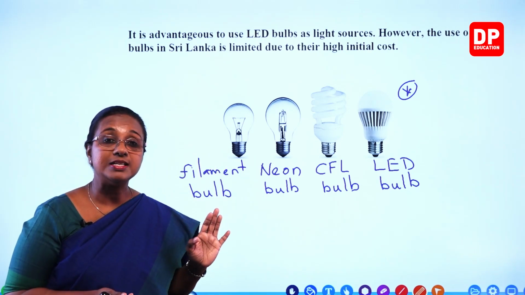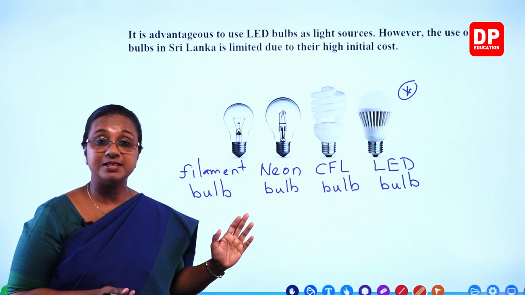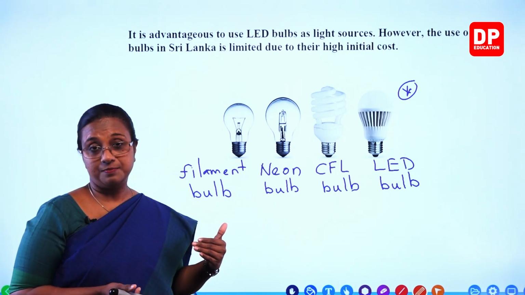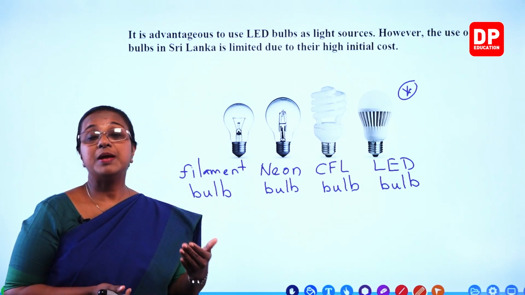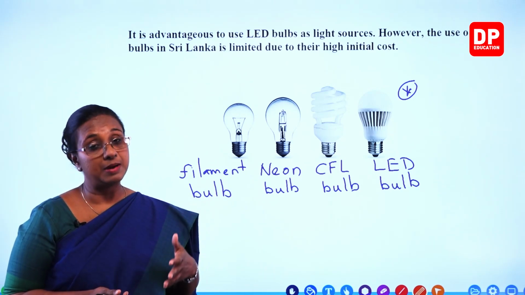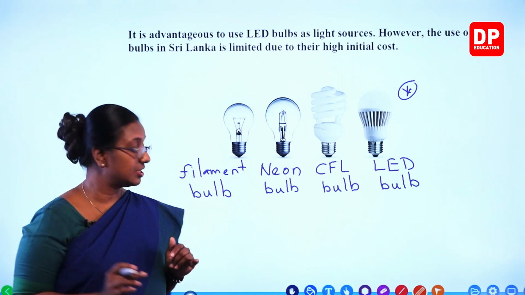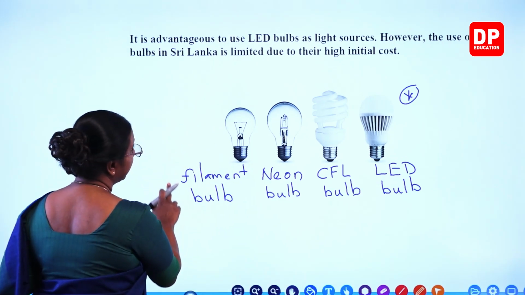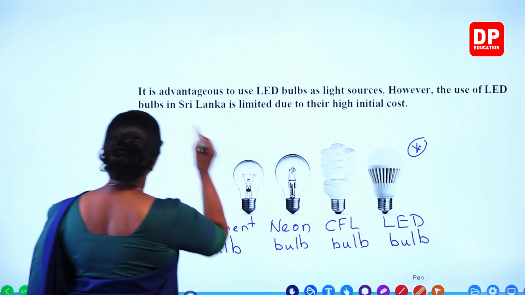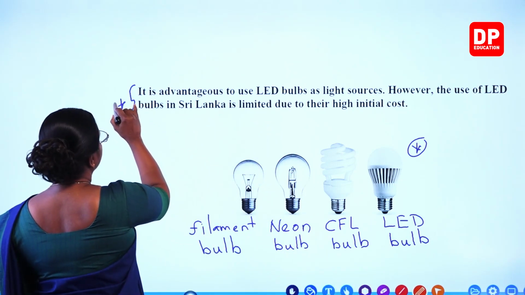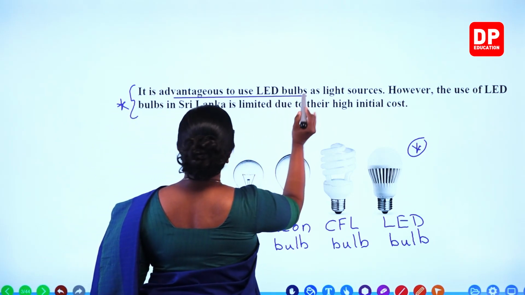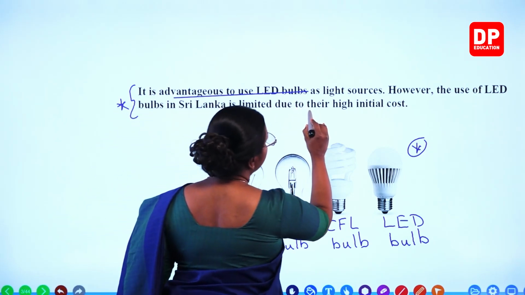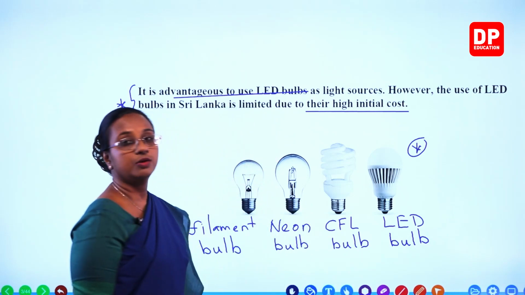So you have to understand what I meant when I said that when you buy the bulb, the price of a filament bulb is less compared to the price of an LED bulb. So that is the initial cost. It's actually advantageous to use LED bulbs, but they have a high initial cost.